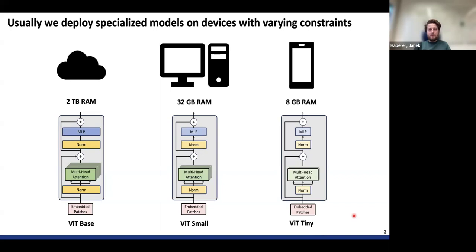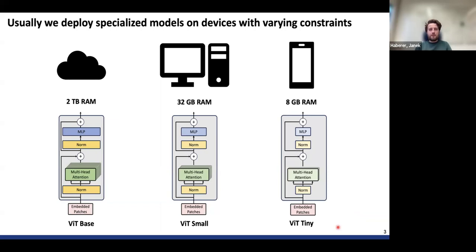The additional problem here is that the attention mechanism is quite RAM hungry. It requires quite a lot of resources. Luckily, for the base ViT models, we have at least a few of them for different constraints and different devices.